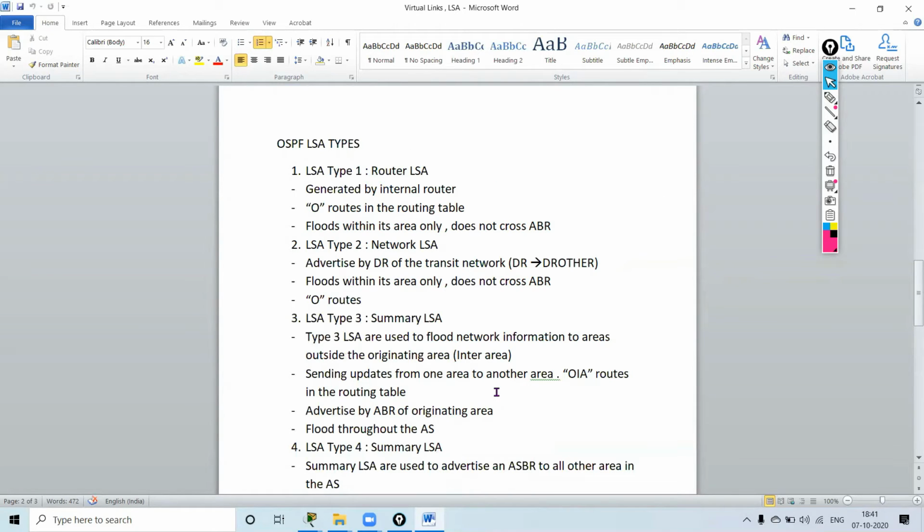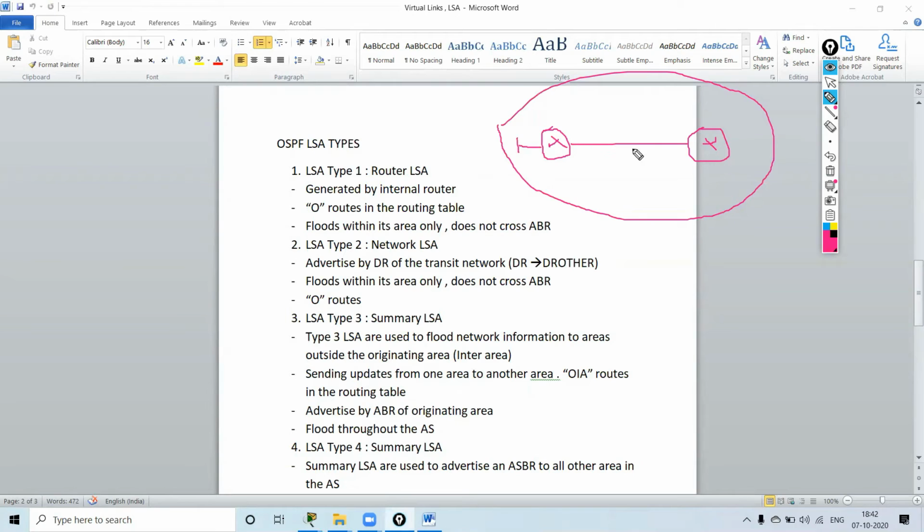Whenever my router is sharing any routes within the area, suppose this is my area, these are my routers inside the area, connected, with some LAN network. Suppose this is area 0.